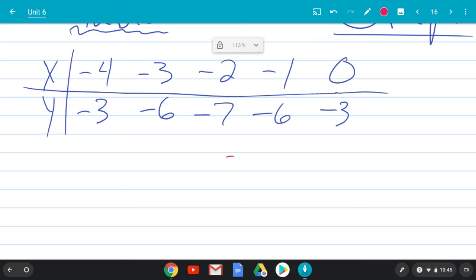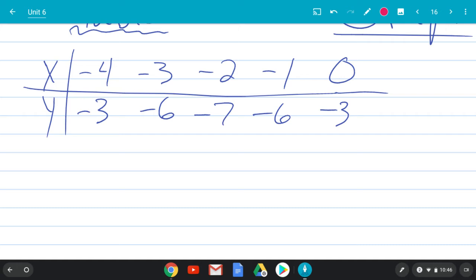Now, if I'm looking at this table, way back in chapter 2 when we were talking about linear equations, we said, hey, is this graph a linear equation? Do you remember what you would do? All right, I'm going to ask this question.